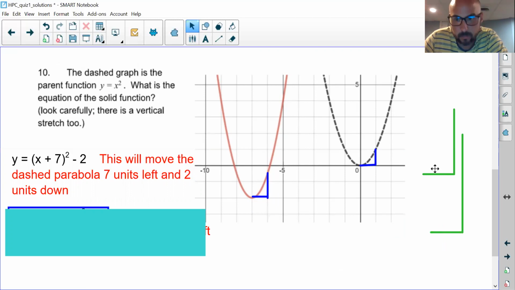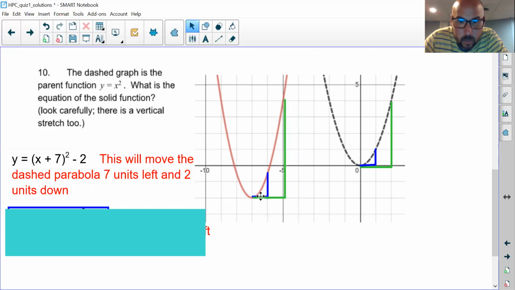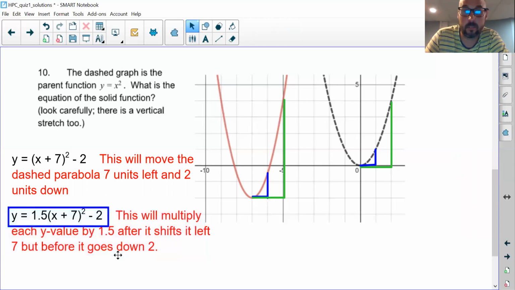It's 1.5. In the dashed, if I go over 2, I go up 4 because 2 squared is 4. But in my new one, if I go over 2, I go up 1, 2, 3, 4, 5, 6. Okay, so instead of going up 4, I go up 6. I'm multiplying by 1.5. 1.5 times 4 gives you 6.